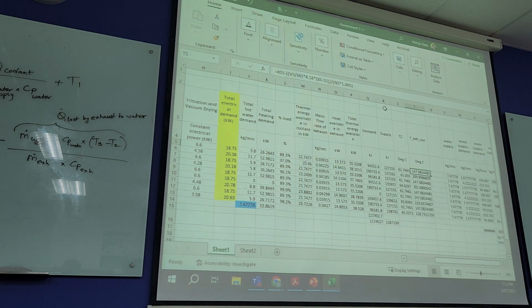Except for the 100% one, which is already given.